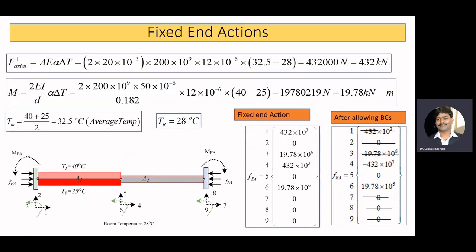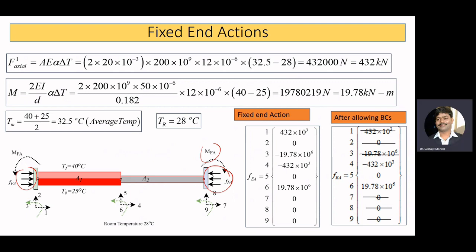Now we have to find the fixed end action. We have already discussed that if there is a temperature rise and it is non-uniform in nature, then that will cause axial resistive forces as well as bending moment, which we call the fixed end action.